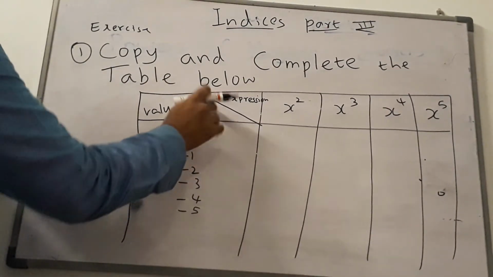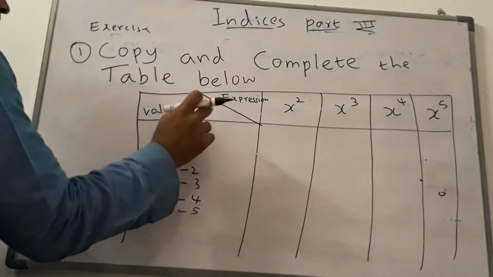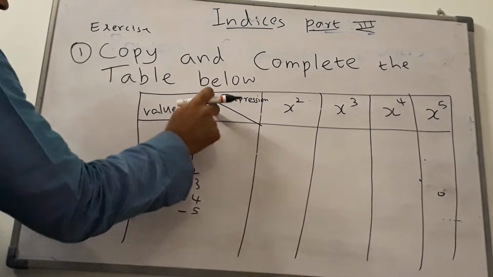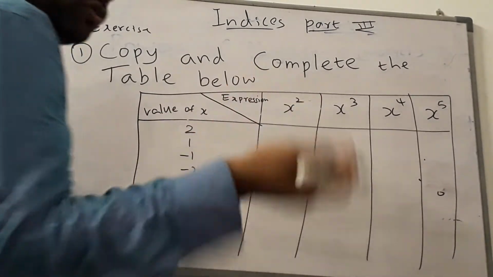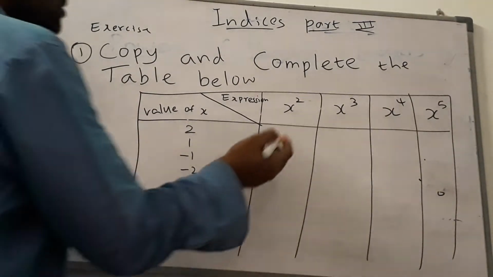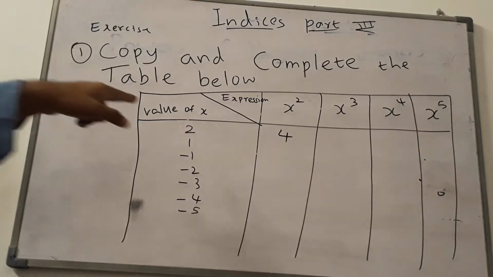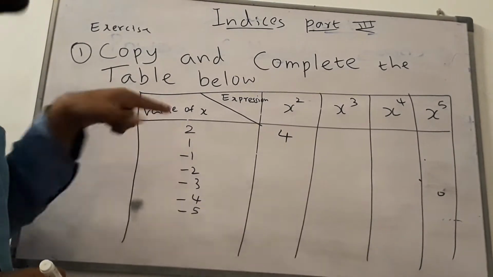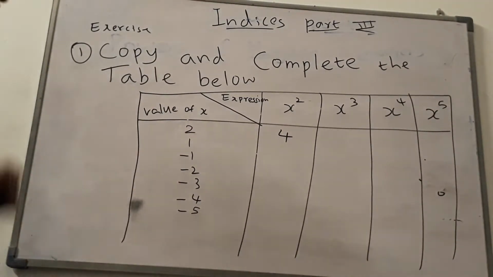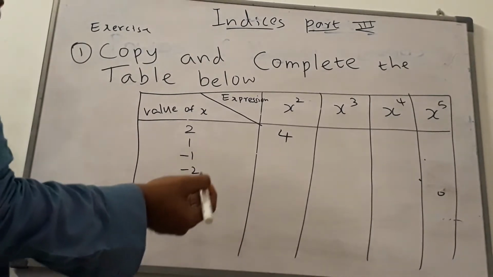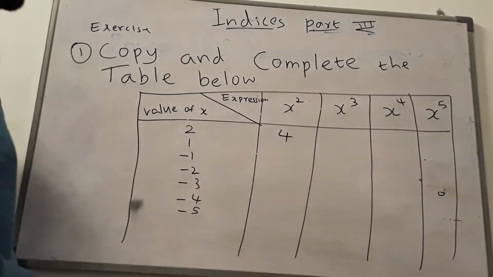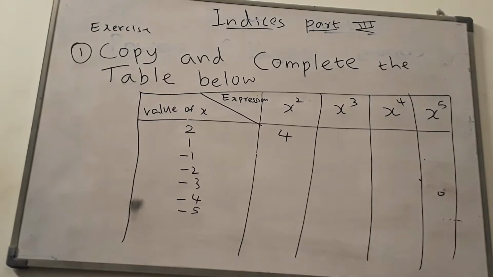The first value we substitute for x is 2. If x is 2, x squared means 2 times 2, which is 4. This is a plus value, so plus 2 times plus 2 is 4. The same goes for plus 1.